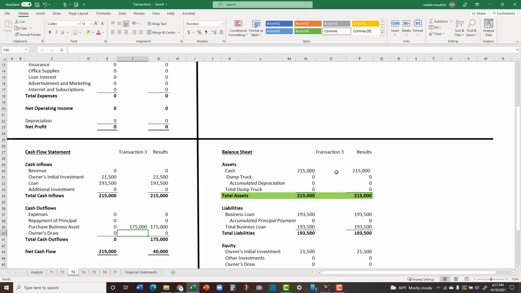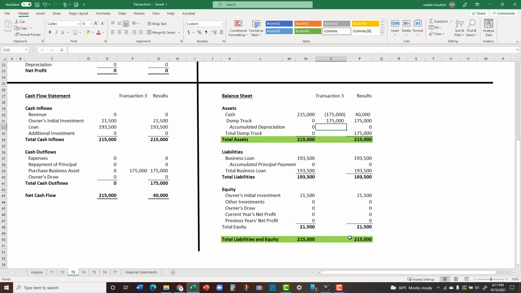It's also going to affect our balance sheet because we're going to reduce the cash that's in the bank. Okay, and it is an asset that we purchased, so we're going to increase our asset. All right, so now we are also still in balance.